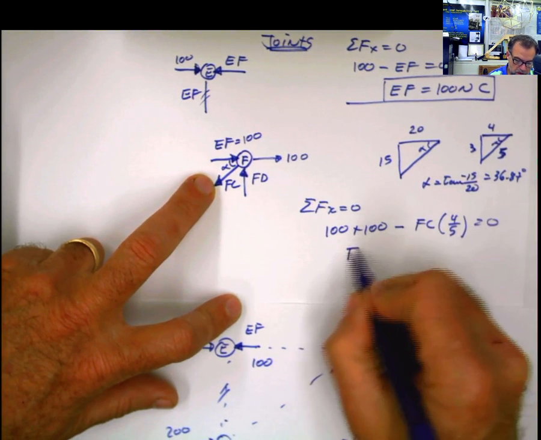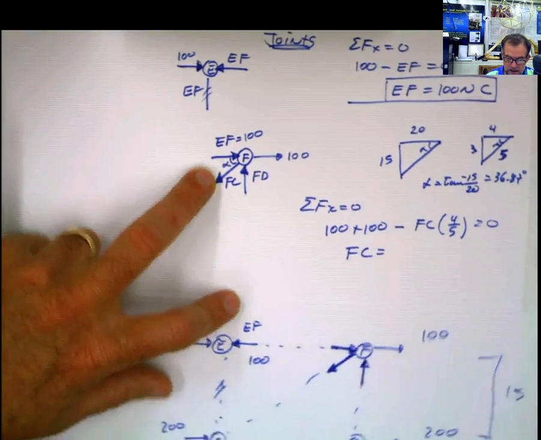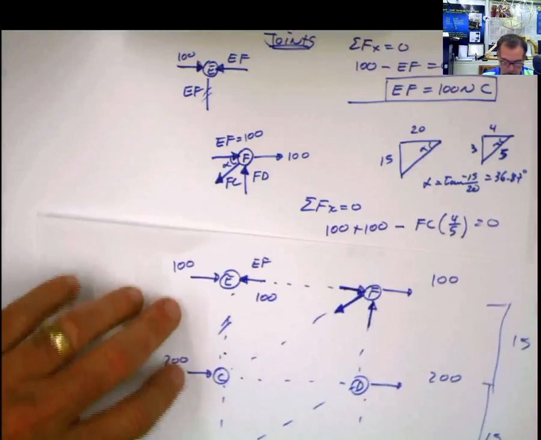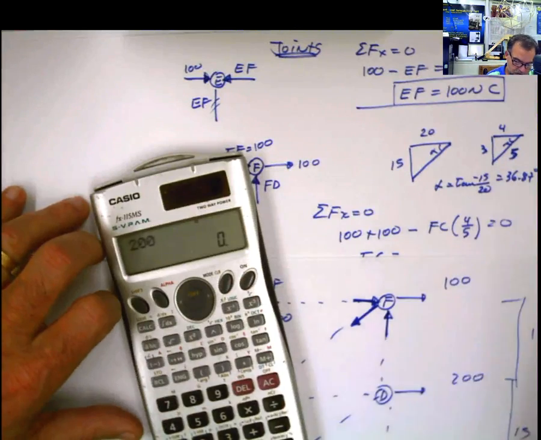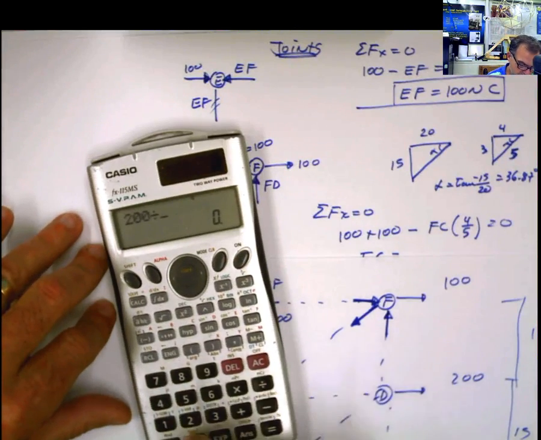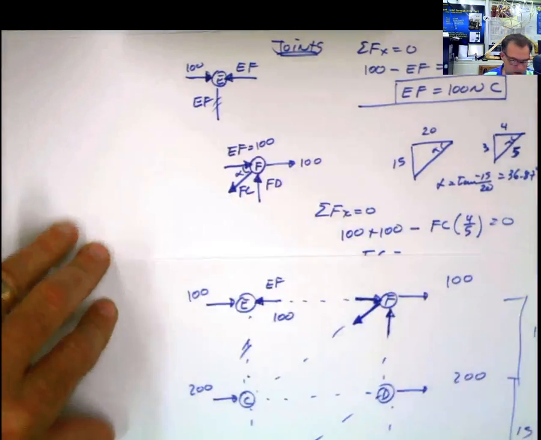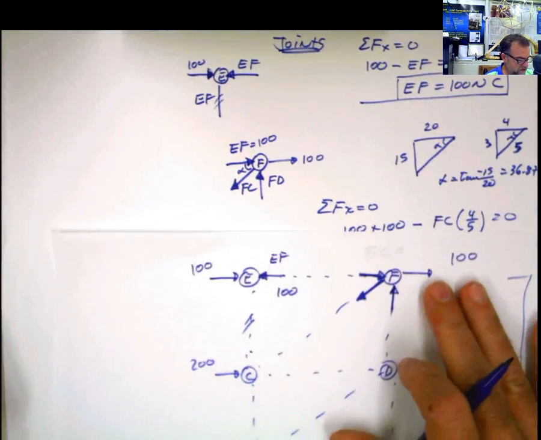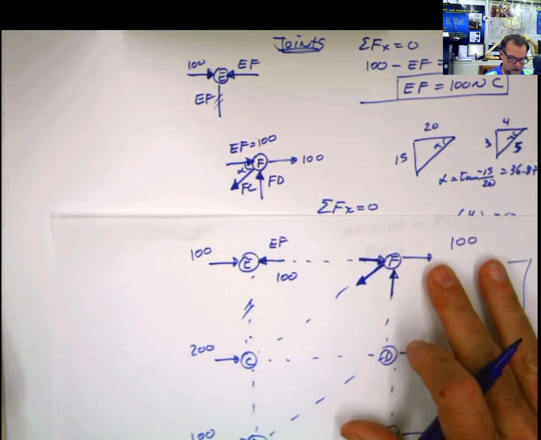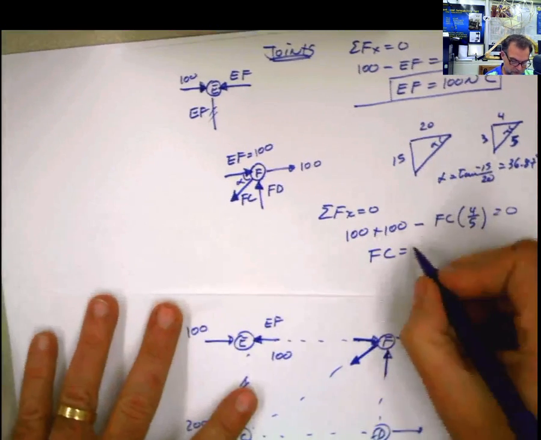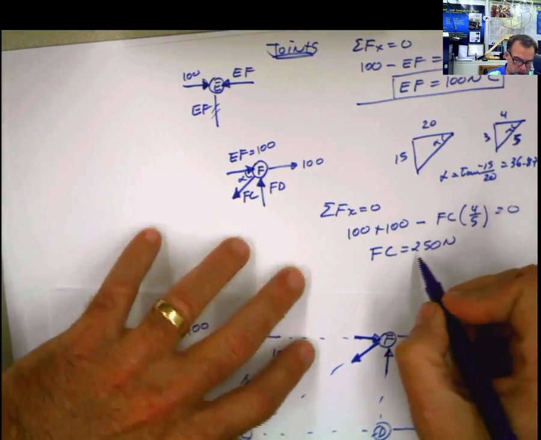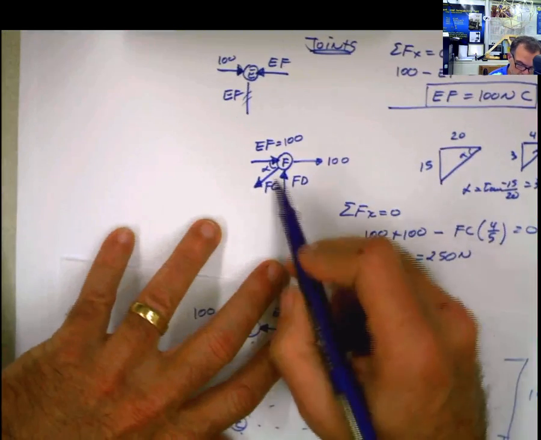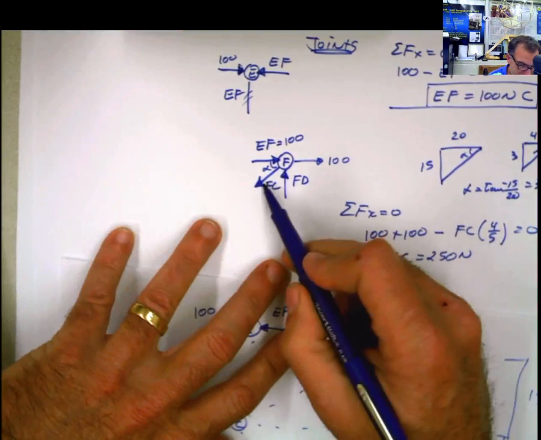And from here you can solve for FC, and FC is going to be equal to 200 divided by 0.8, since 4/5 is 0.8, and that is 250 Newton.